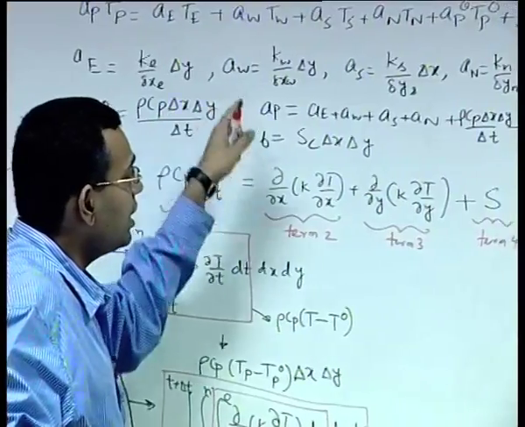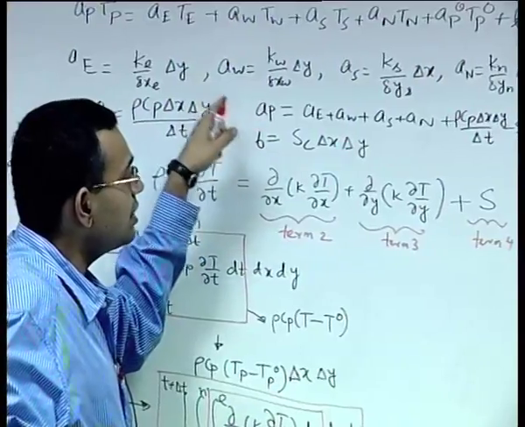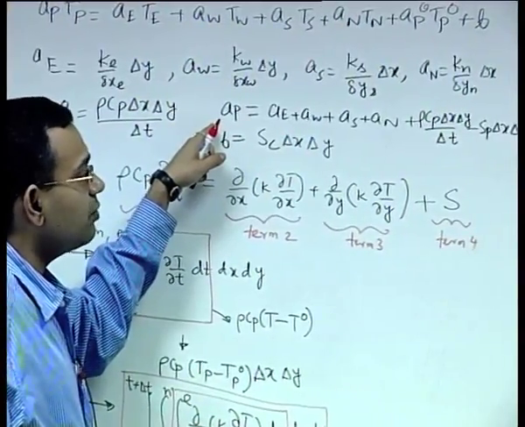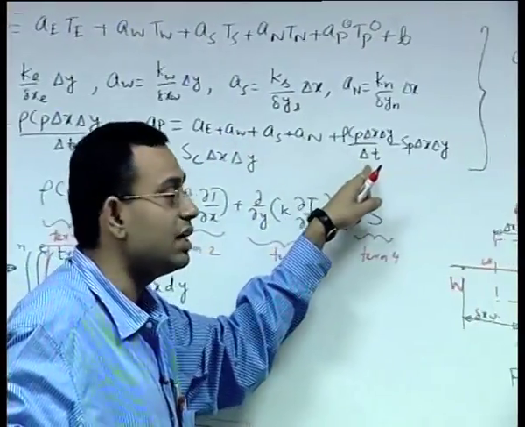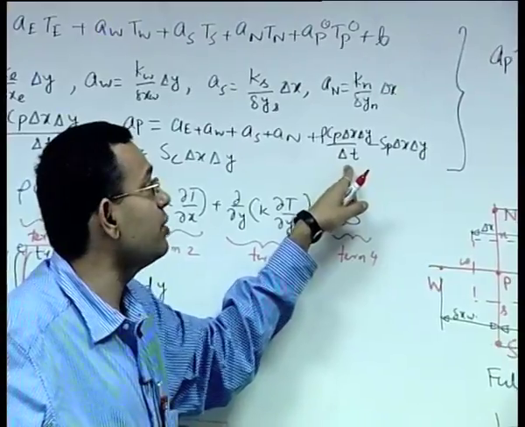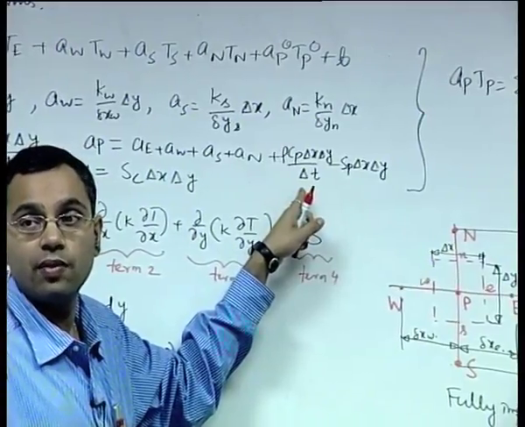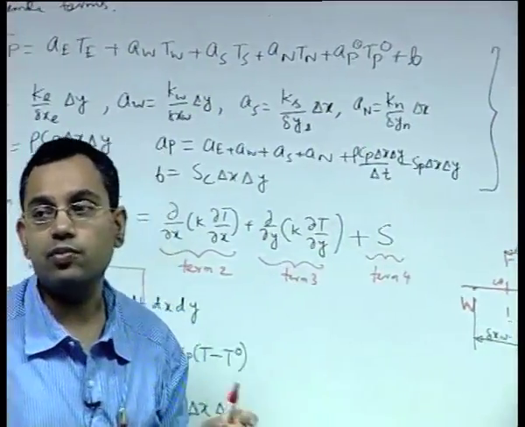And the other important thing that you may observe here is that this is an unsteady problem, but you can convert it into a steady problem by setting delta t very large, because if delta t tends to infinity, then the extra terms which come out of unsteadiness become 0. So, this is some trick that many times we play.